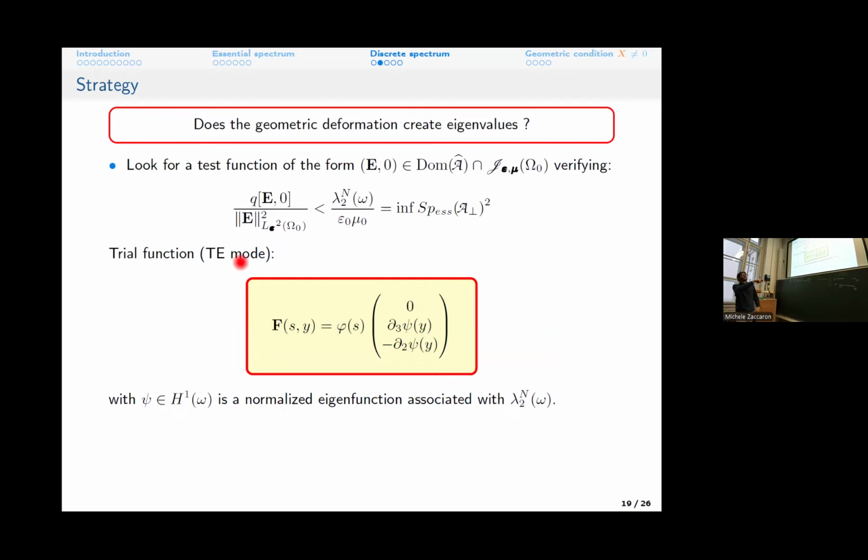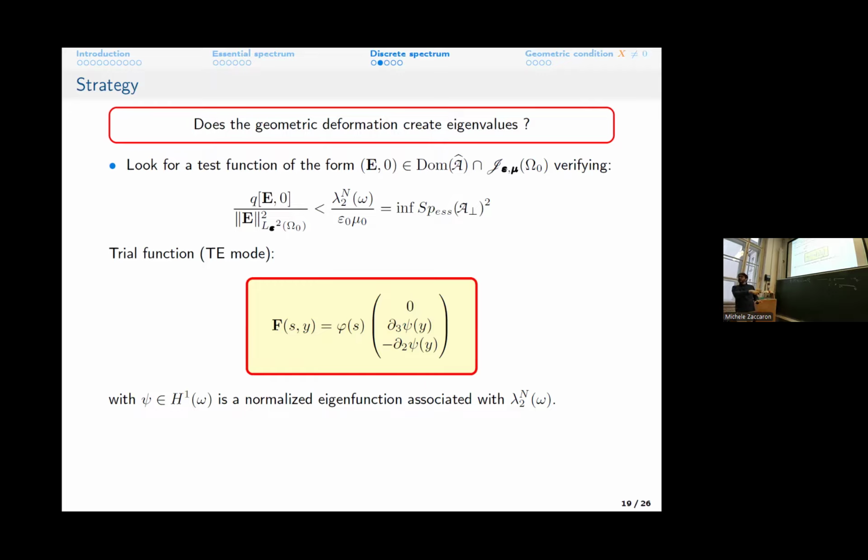So this is called the transverse electric mode, and is built by means of psi, a normalized eigenfunction associated with the second normal Laplacian eigenvalue of the cross section. Psi is a cutoff function. This is just to make this whole vector field H2, otherwise it wouldn't be H2. But forget about this psi for the moment.